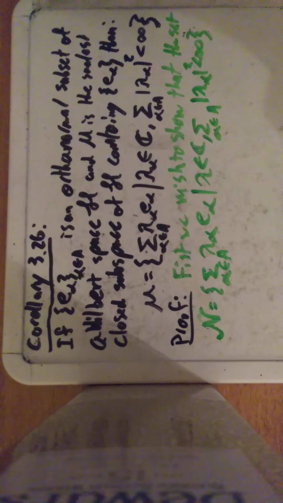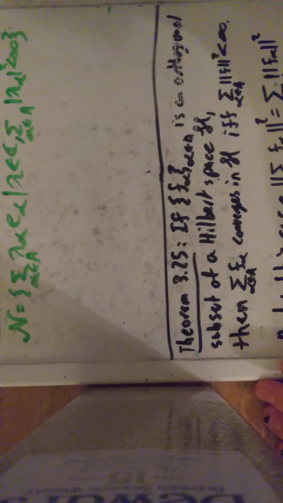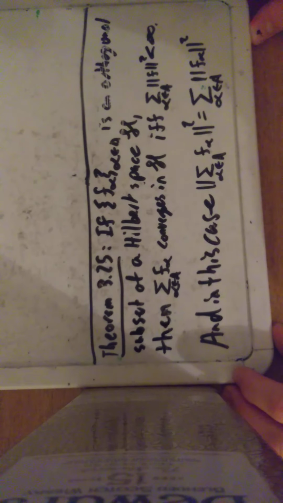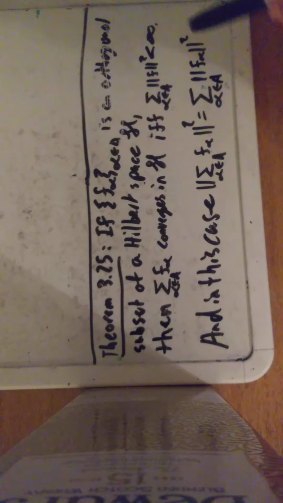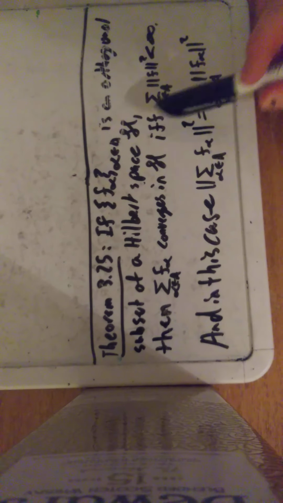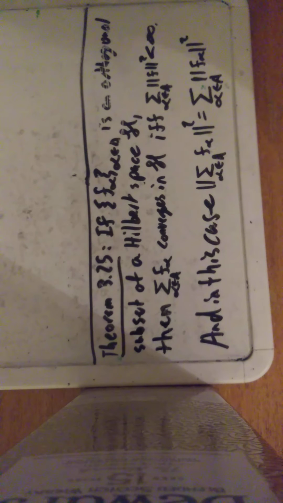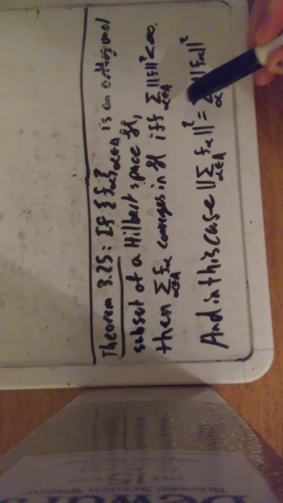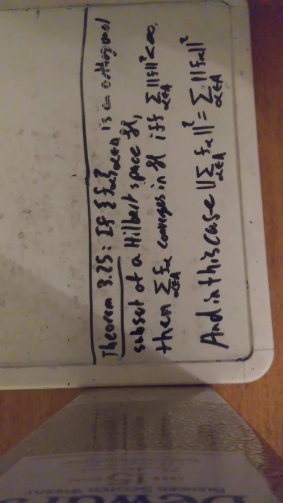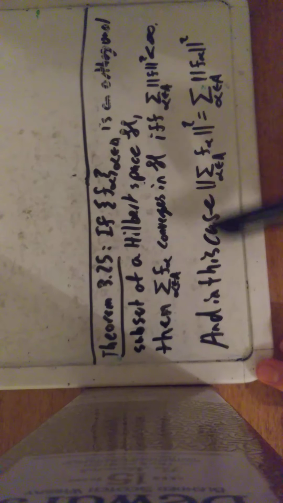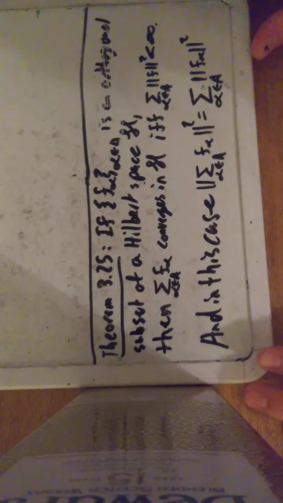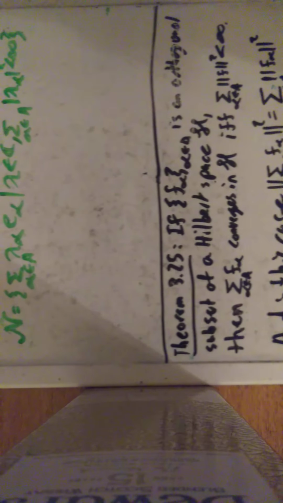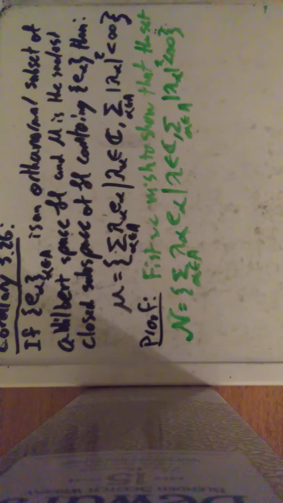Alright, so if you'll remember back to theorem 3.25 on the previous page, we have that if I have an orthogonal subset of a Hilbert space, and I take the sum of the squares of its norms and find that it is finite, this is sufficient to show that the sum across that orthogonal set converges.